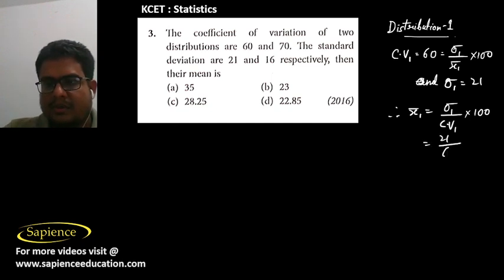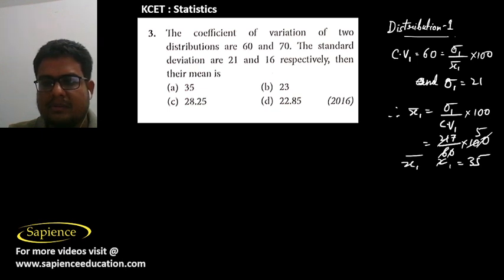That will be 21 by 60 into 100. So that is 3 6s, 3 7s are 21, 2 5s are 10, 10 5s are 35. So x1 bar is 35. So the mean for the first distribution is 35.